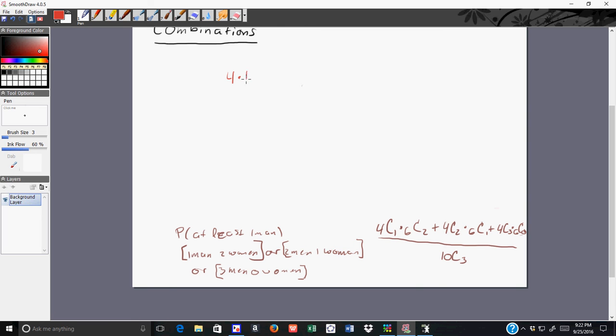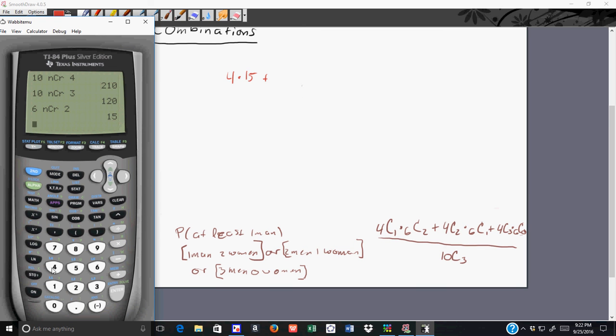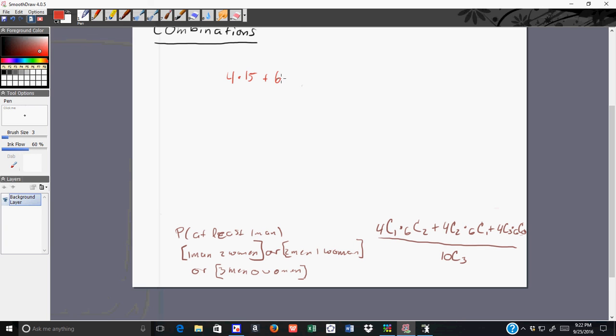Times 15. Good. Plus 4 choose 2. Actually, I should probably be able to do that one in my head. But there it is. It's 6 times 6, plus 4 choose 3, which is 4, times 6 choose 0. There's only one way to do that.